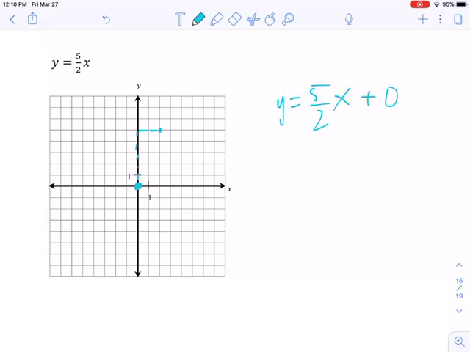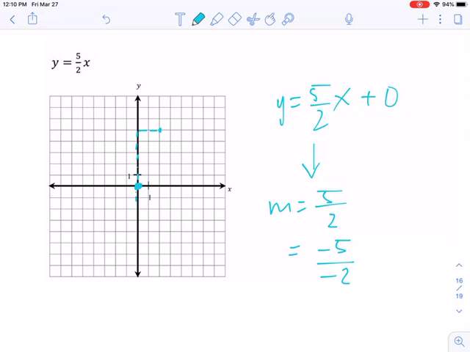And again, to put another point on the graph, remember that if our slope is 5 over 2, that's the same thing as saying negative 5 over negative 2, right? Because again, those negatives would cancel when we would simplify to lowest terms. And so we can use that equivalent slope to find a point. Even though it doesn't look like it's in lowest terms right now, it still means the same thing, right?